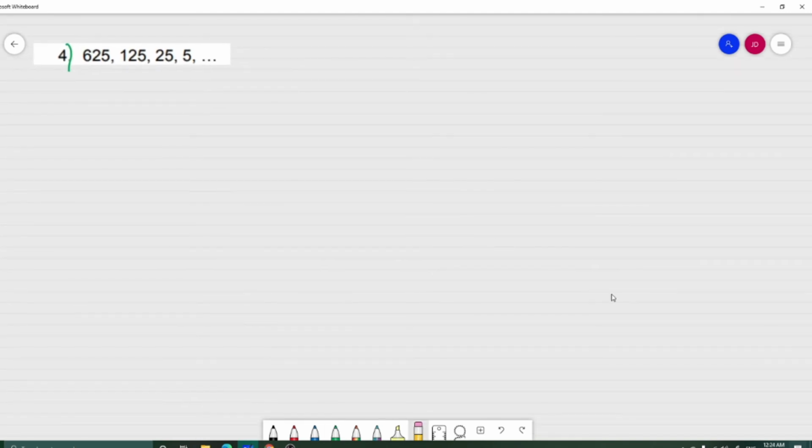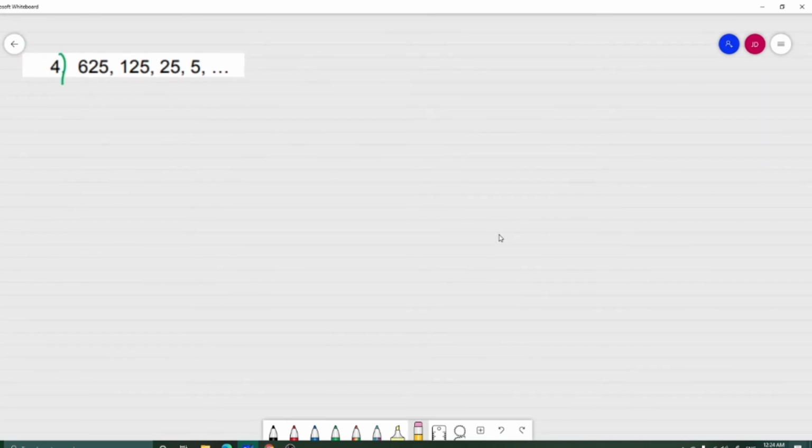Okay, let's proceed to example number 4. This is the last example. Okay, so I will show you another way of writing the solution for the common difference and common ratio. So again, let us test for D. You can write it like this.